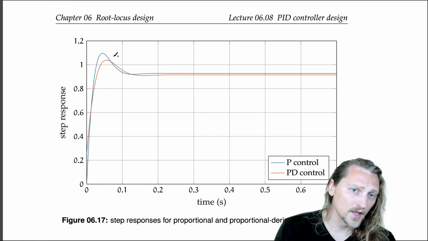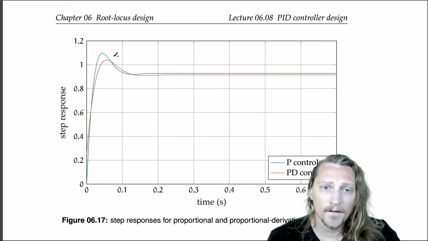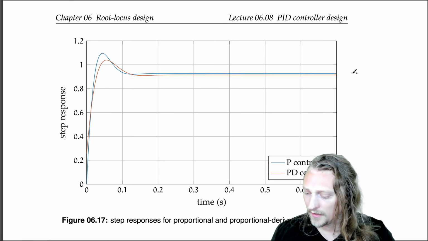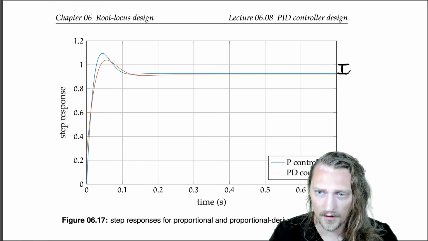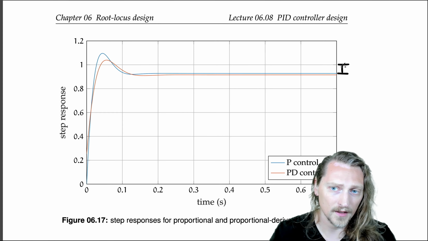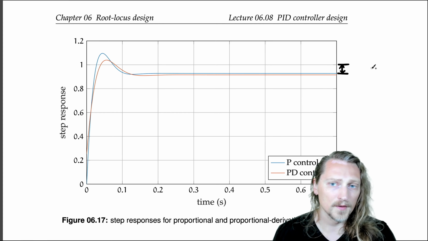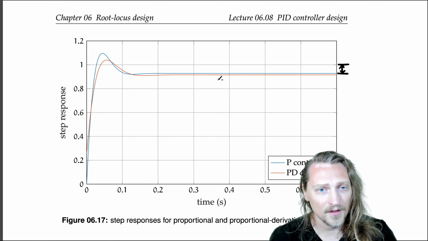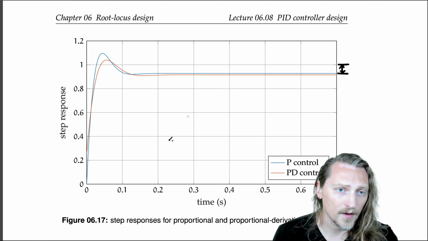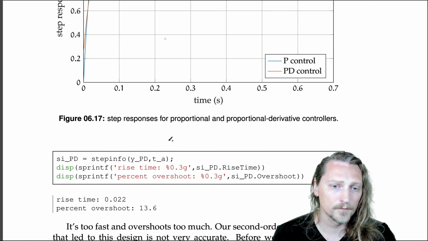It's over 10% for sure. And once again, we see that we've got a steady state error here. This is a steady state error, and we're going to want to take care of that with an integral compensator. It should be at 1 as time approaches infinity. It is, in fact, at about 0.9 something, which is not ideal.